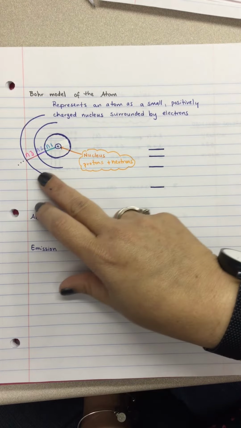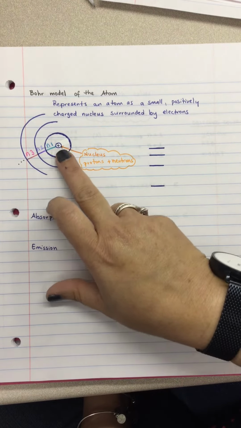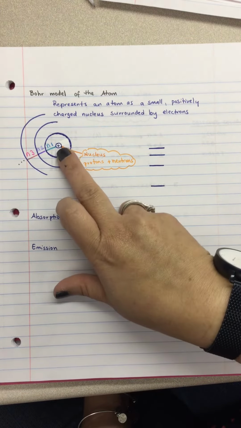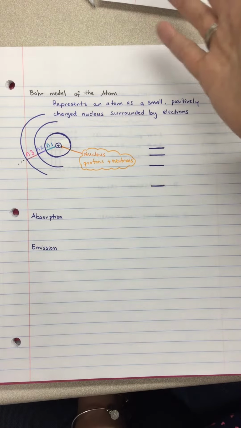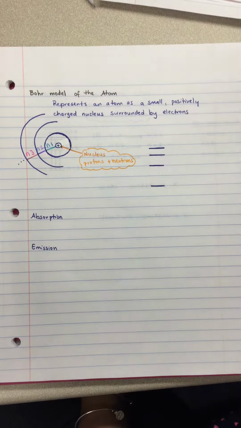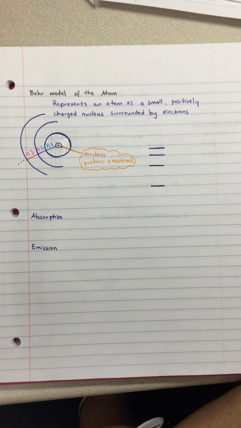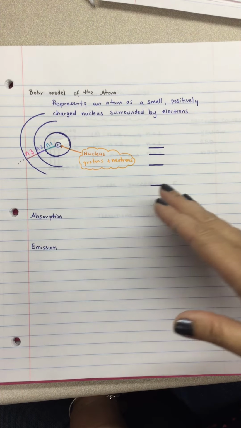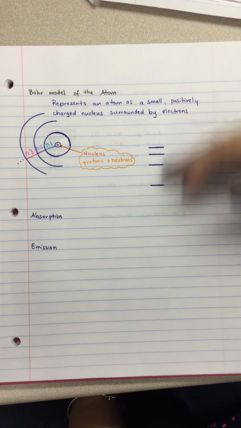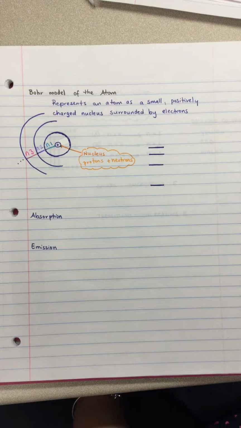So my model here contains the protons and neutrons in the nucleus, and then the electrons are going to be somewhere in those different energy levels, which is the next topic. So I'm just representing the same type of model in a different type of notation, a vertical notation, because it's easier for what we're going to be doing next.